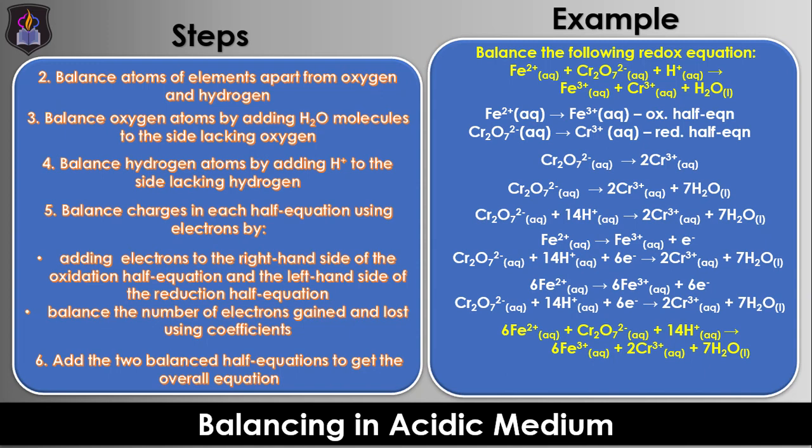For the charges, the total charge on the left hand side is +24, distributed as follows: +12 from the 6 moles of iron 2, -2 from the 1 mole of dichromate 6 ion, and +14 from the 14 moles of hydrogen ion. Similarly, the total charge on the right hand side is +24, also made up of +18 from the 6 moles of iron 3 ion, +6 from the 2 moles of chromium 3 ion, and 0 from the 7 moles of water. So we are cool and dry, correct?